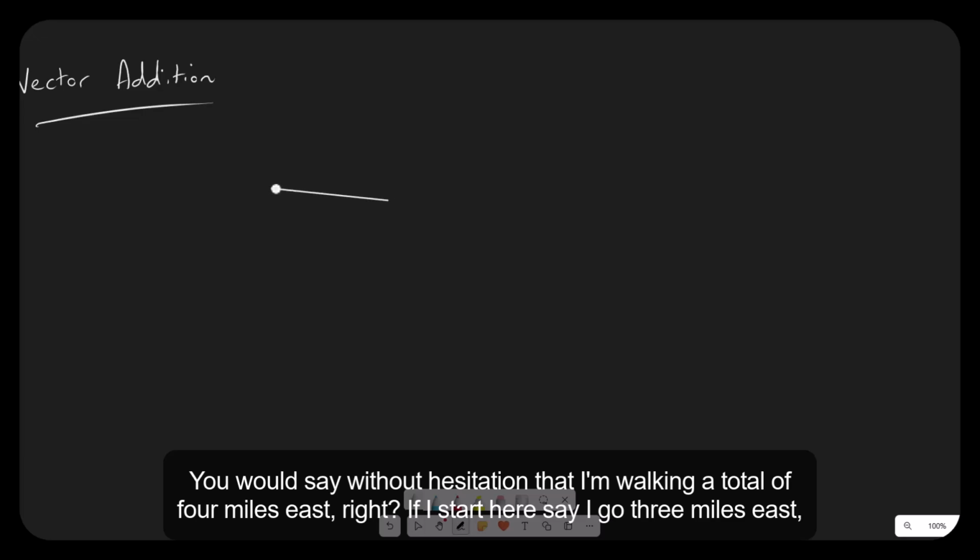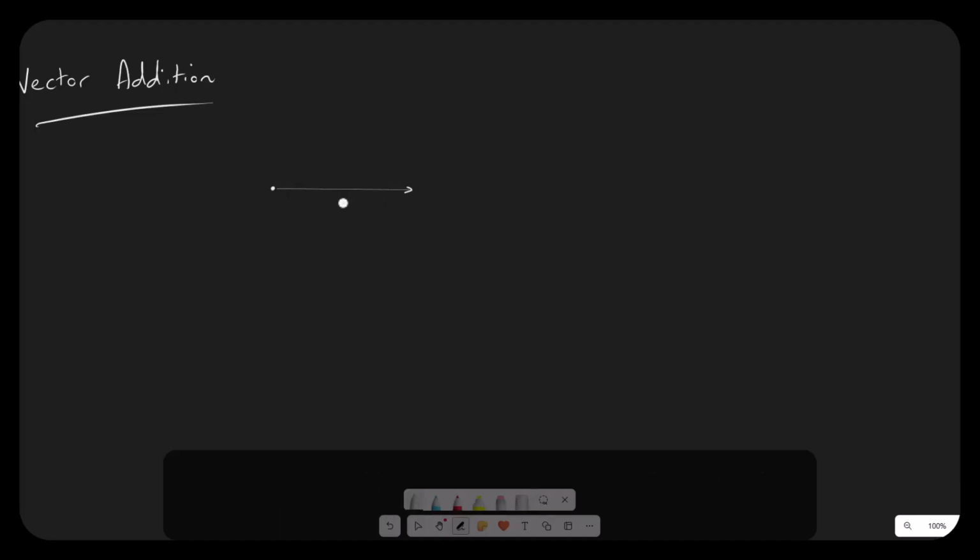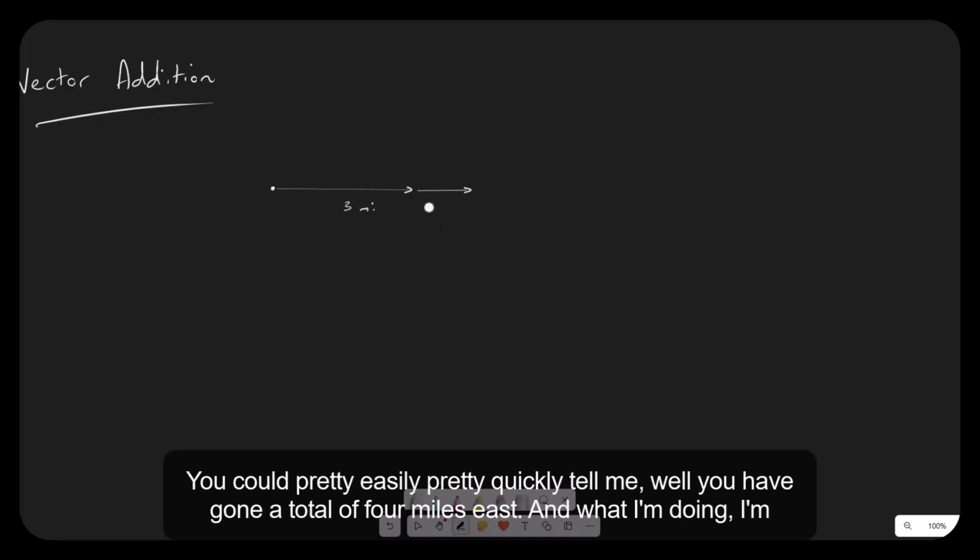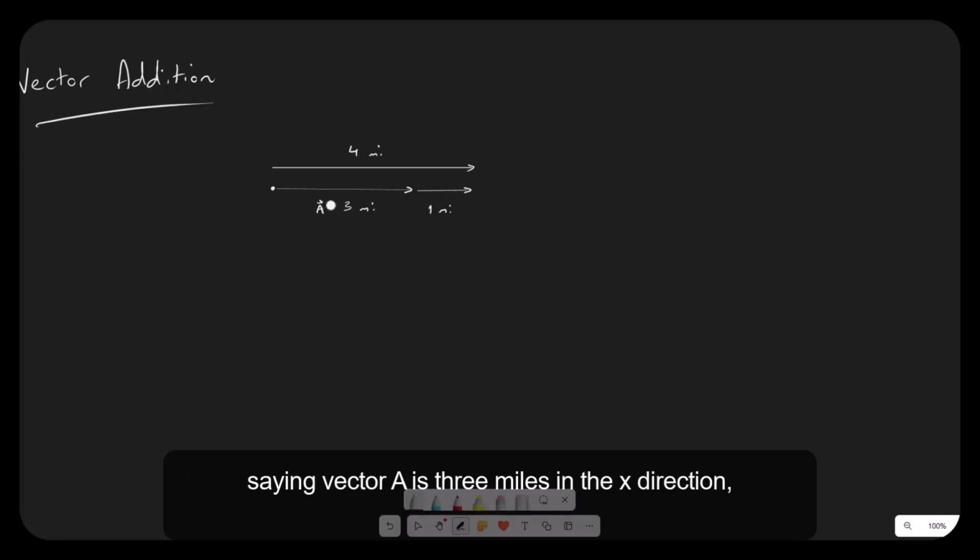If I start here, say I go 3 miles east, and then from there I'm going to go 1 mile east, you could pretty quickly tell me, well, you have gone a total of 4 miles east. And what I'm doing, I'm saying vector A is 3 miles in the x direction.